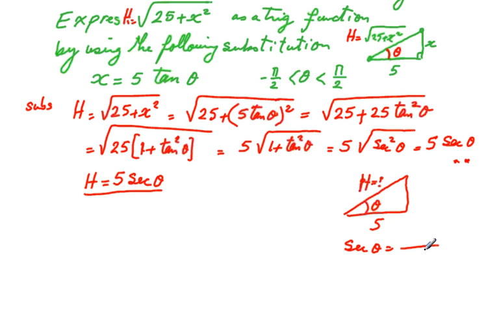Ratio of hypotenuse to adjacent. So the hypotenuse is immediately 5 secant of theta. I have it. So it's bypassing that, provided that you were comfortable with that triangle, writing this definition and solving it, you get the same thing right off the bat.